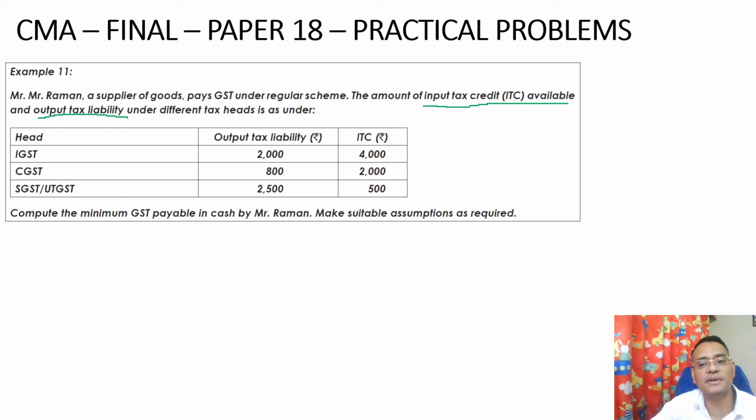CGST output tax liability rupees 800, ITC rupees 2,000. SGST/UTGST output tax liability is 2,500, and ITC of SGST/UTGST is rupees 500. Compute the minimum GST payable in cash by Mr. Raman. Make suitable assumptions as required.